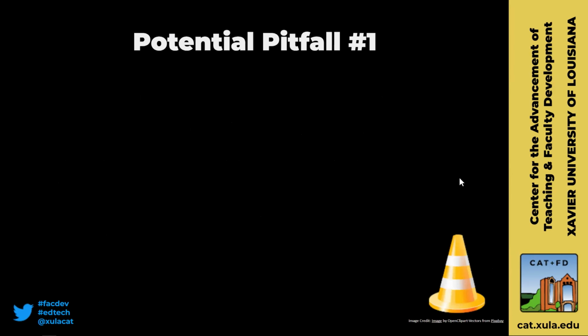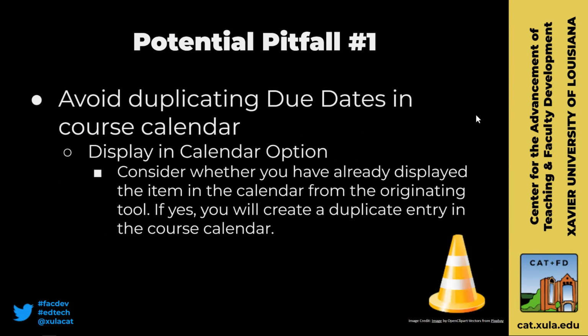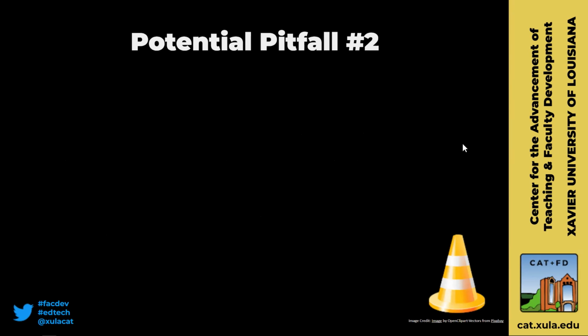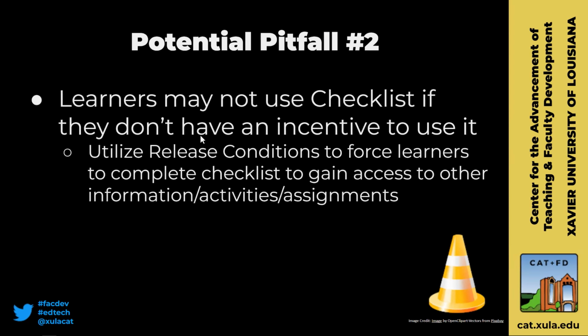Potential pitfall number 1, and we've talked about this, avoid duplicating the due dates in the course calendar. So when you choose that display in calendar option, only choose that if you've not displayed that due date somewhere else, like in a tool or something. Potential pitfall number 2, your learners may not use the checklist if they don't have an incentive to use it.